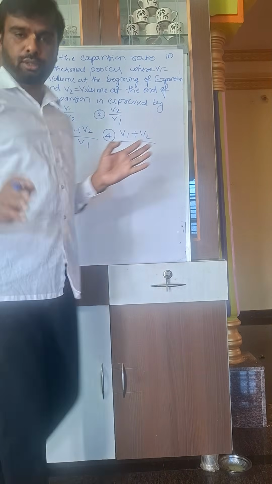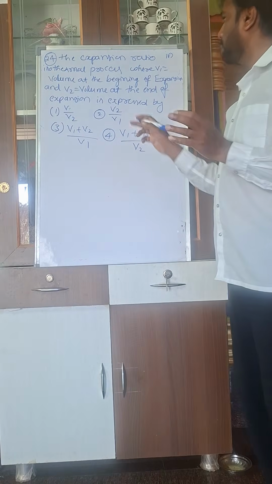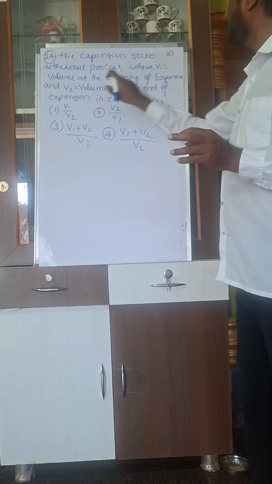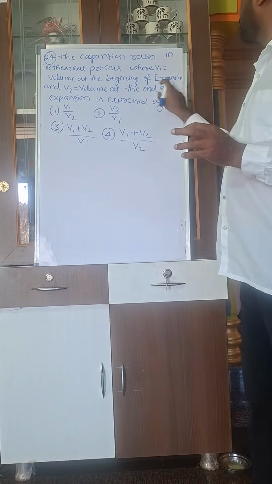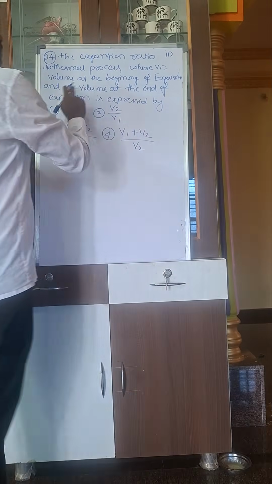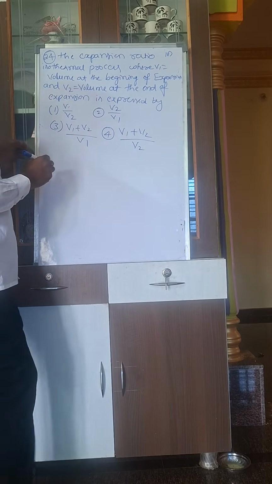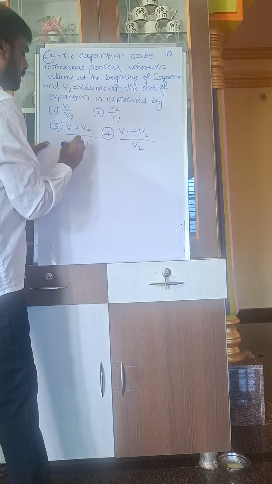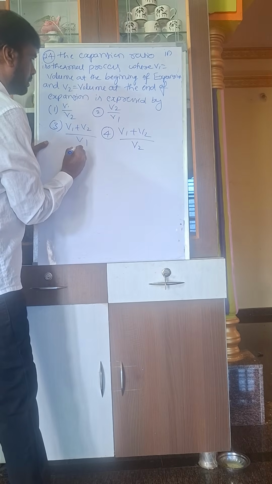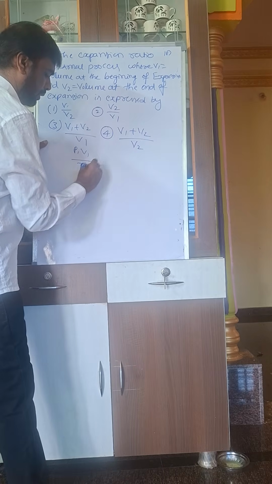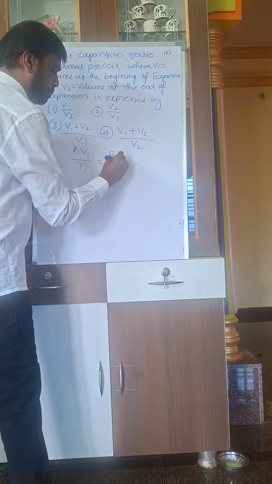Please look at this question. In an isothermal process, P1 V1 by T1 equals P2 V2 by T2, this is the PVT relationship.